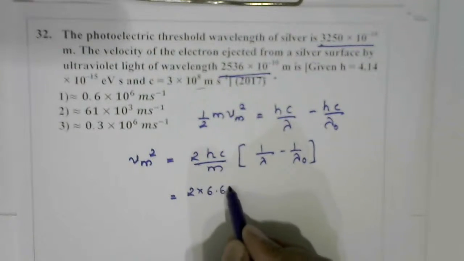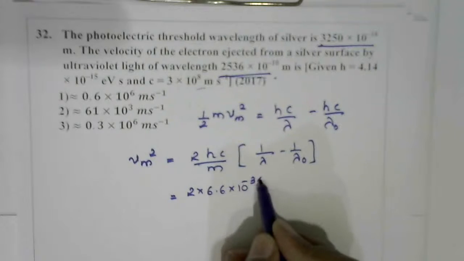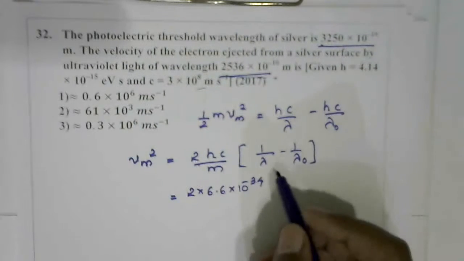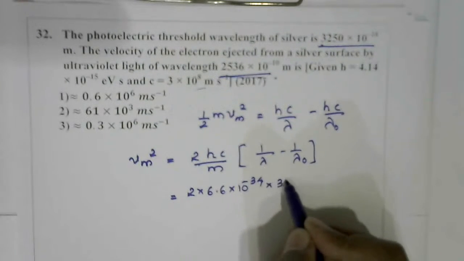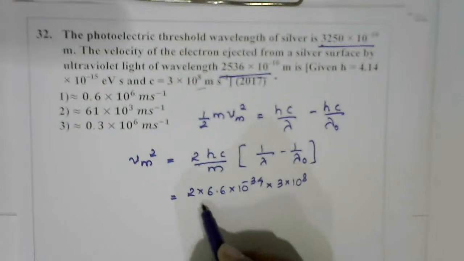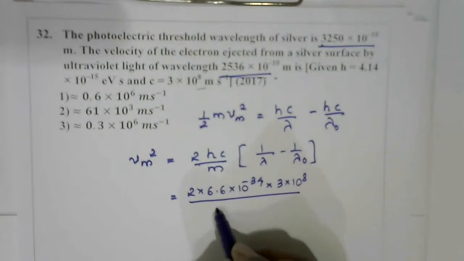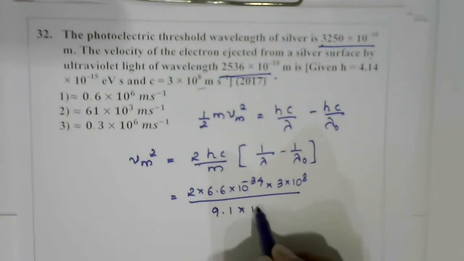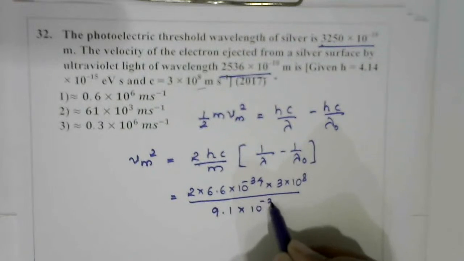So 6.6 into 10 to the power of minus 34 I can take. If you want, you can use the given data. Into 3 into 10 to the power of 8, divided by the mass of electron, 9.1 into 10 to the power of minus 31.